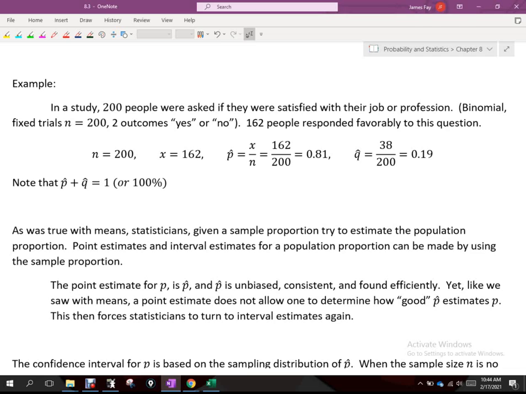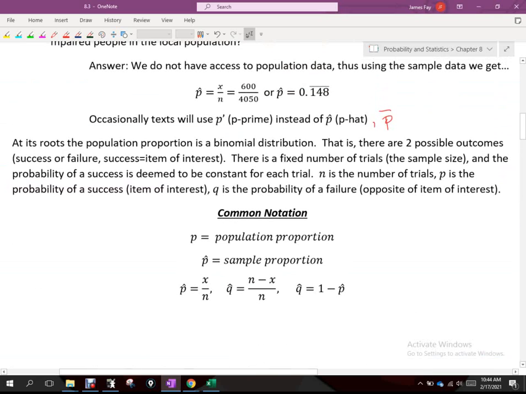So p hat is 0.81. q hat, obviously, if 162 people were in favor of it, means 38 said no, they don't like their job. 38 out of 200 is 0.19. How did I find that 38? I took n minus x, that's this formula right here.